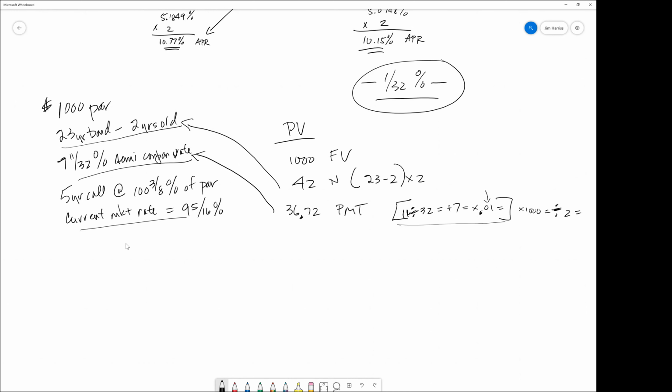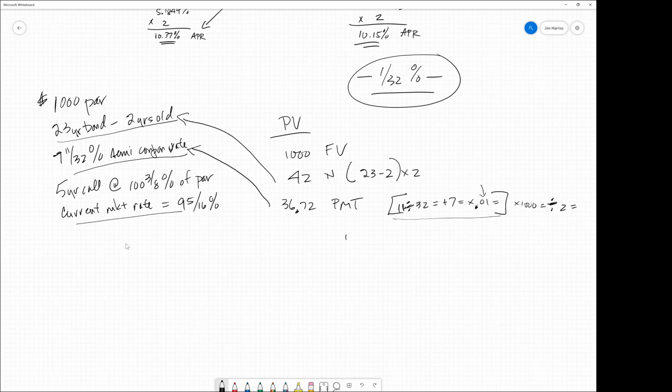So what's left? The I/Y. Okay. All right. Well, your I/Y is going to be related to this number right here. Now, let me tell you about your calculator. Anytime you hit the I/Y button, it knows it's an interest rate. So you don't have to multiply this one by 0.01, like you did for the payment.